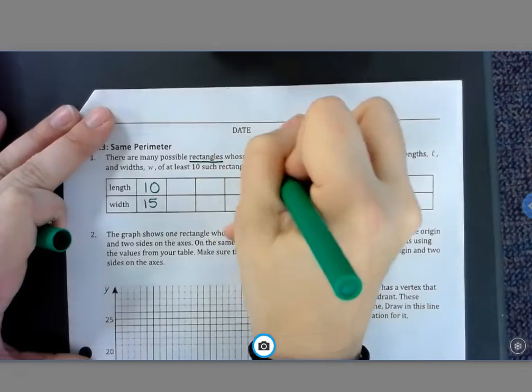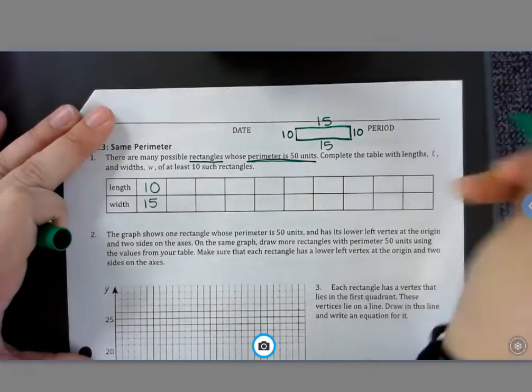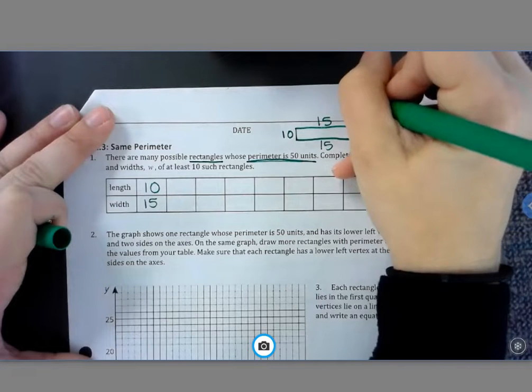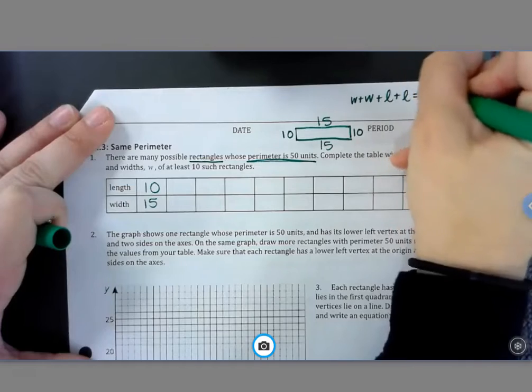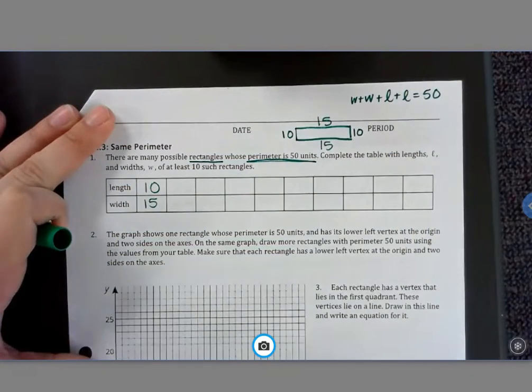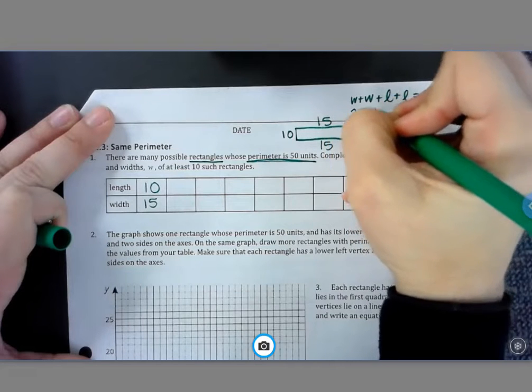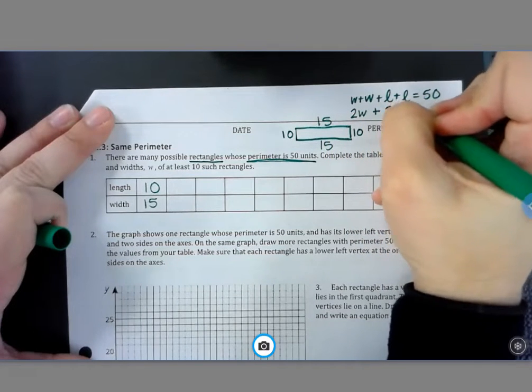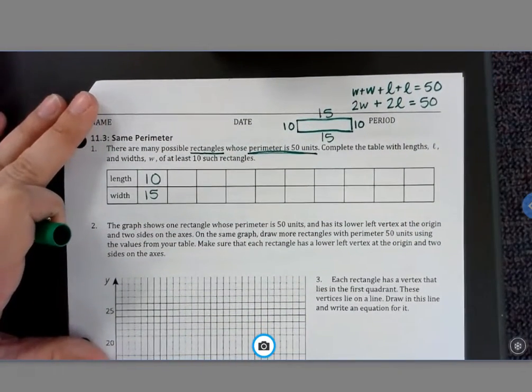We want all rectangles that have a perimeter of 50 units. We talked about that we could take the width plus the width plus the length plus the length, and that had to equal 50. Or another way to write that is take 2 times the width and 2 times the length and add them together, and that would also have to equal 50.